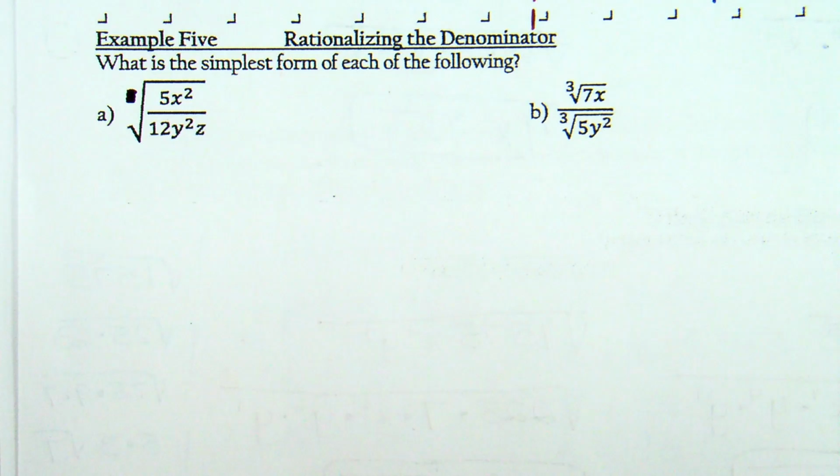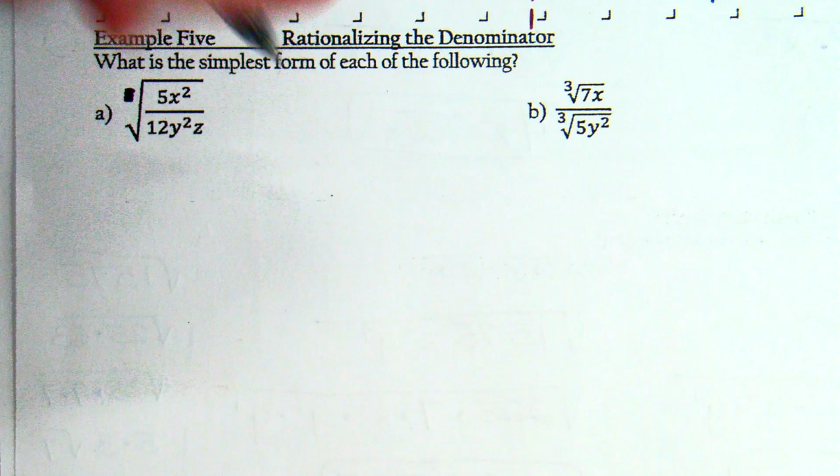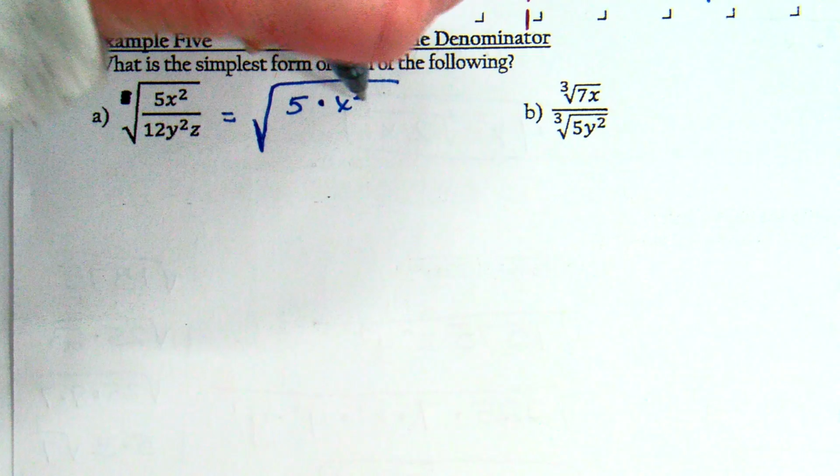So, I'm going to write this out, just kind of break it up. 5 is just going to stay 5 when we take out square roots here in a moment. X squared will be able to take that square root. Like yesterday, can you break 12 up?